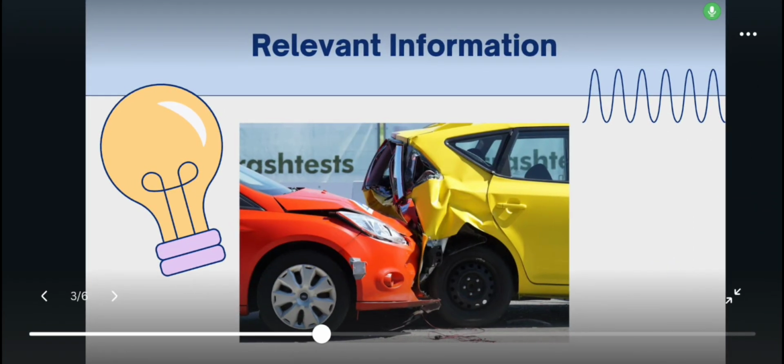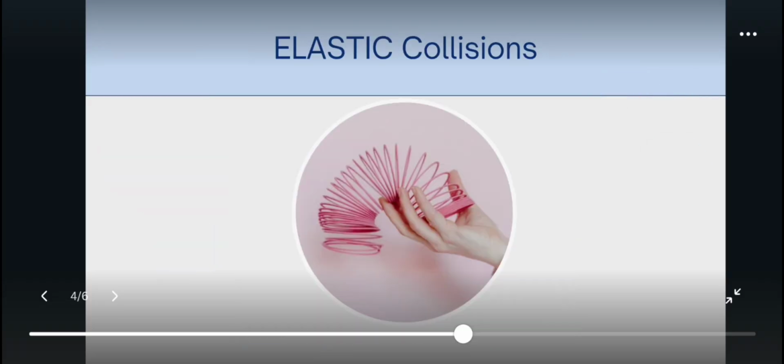The examples that I just showed to us show the principle of conservation of momentum, which states that the total momentum of a system does not change if no external force acts on it. There are two main types of collision: elastic collisions, where objects bounce off each other and both momentum and kinetic energy are conserved.